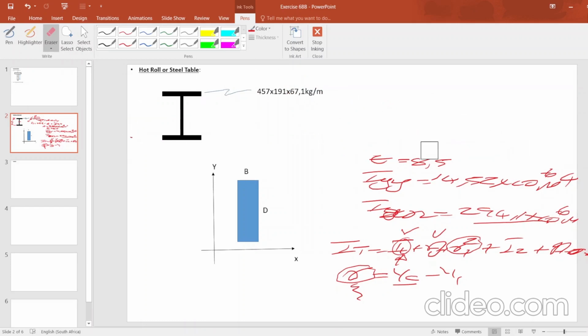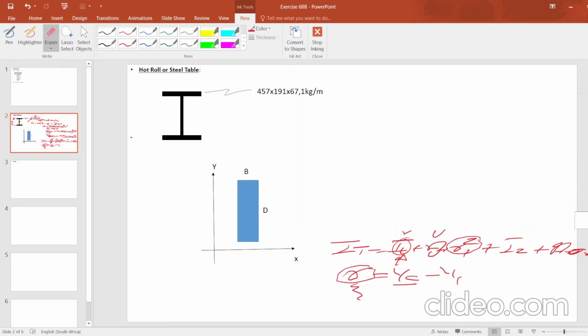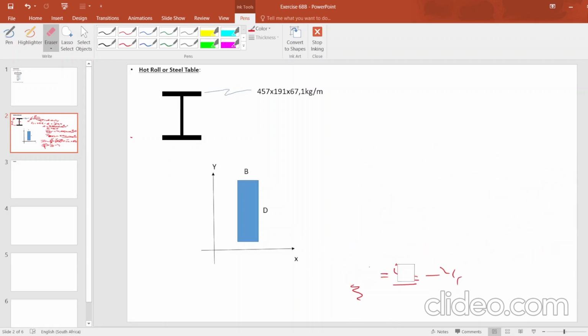how we said to calculate the IXX and the IYY of a simple beam like this one. We said that if we are taking moment about axis XX, if this is where we are taking moment, you can tell we've taken moment at the X axis.